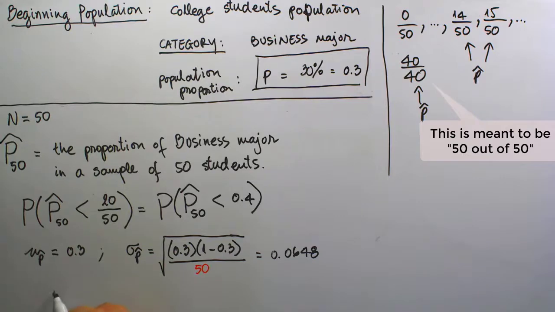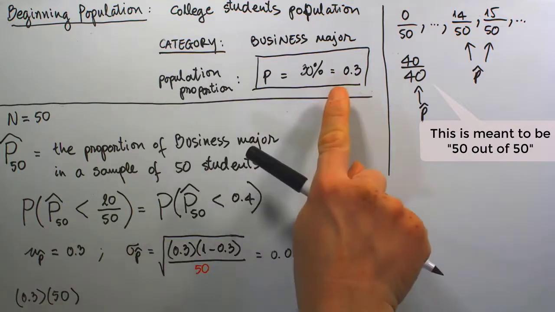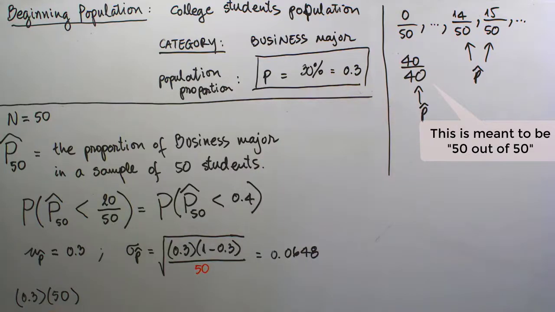The sample size 50 that we're using, I am going to multiply with 0.3. This is the given population proportion that was indicated. So this product will come out with a count. So 0.3 times 50 comes out with a count being 15.